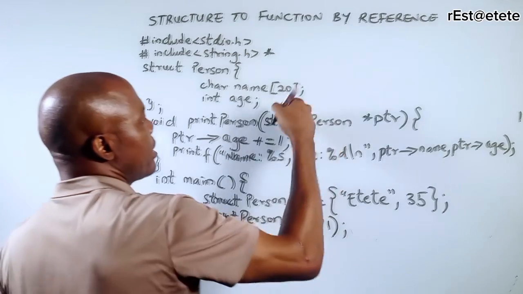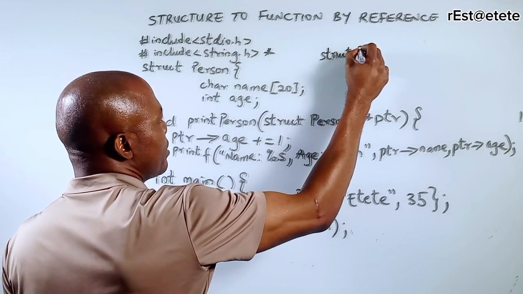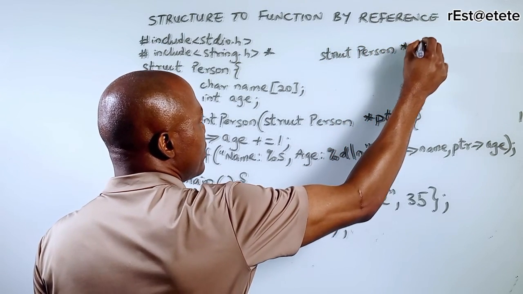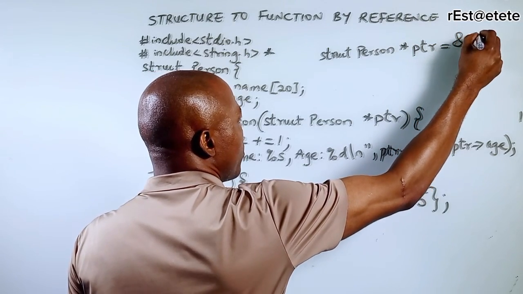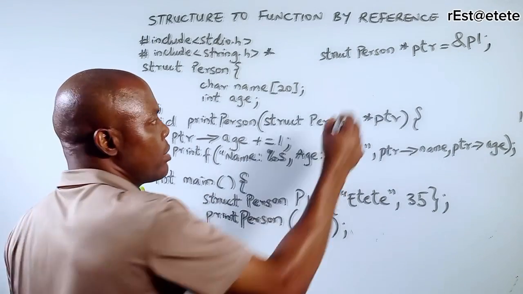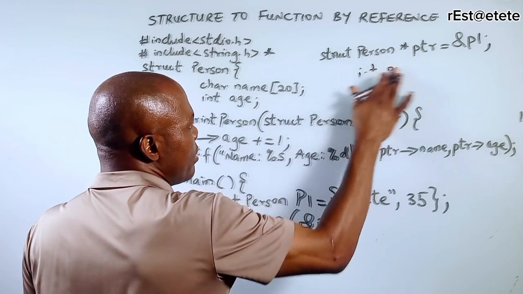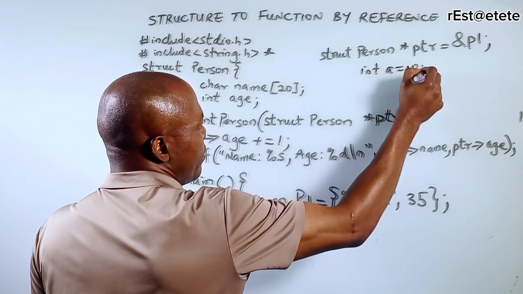This is the same thing as saying struct person pointer ptr assign address of P1, which is the same thing you would say when you do int a, you assign 10, for example.